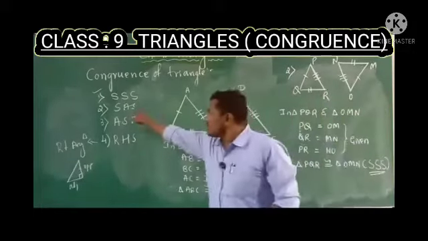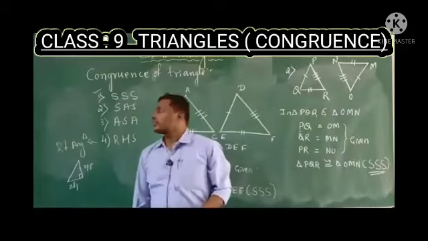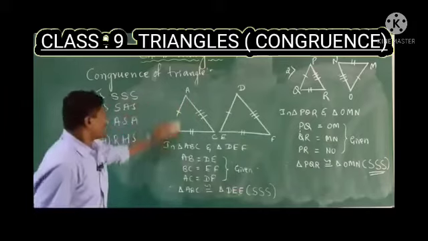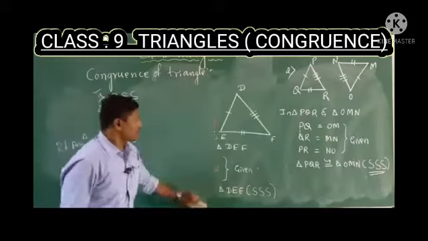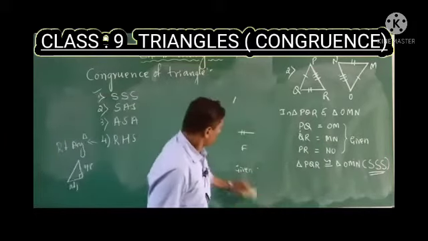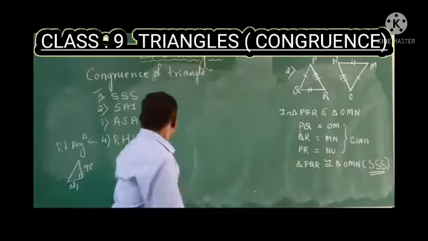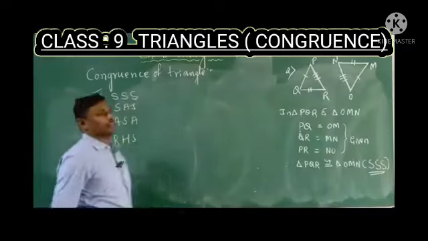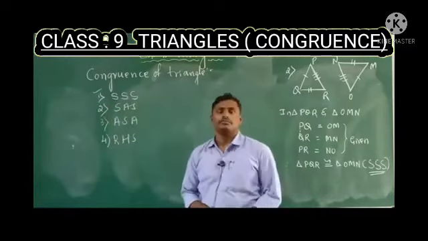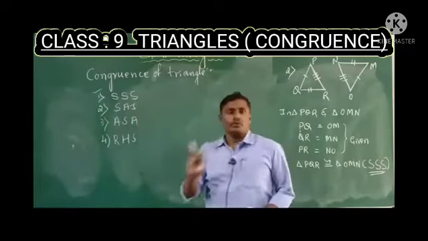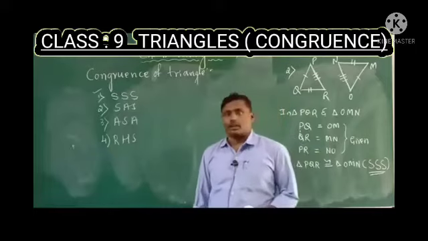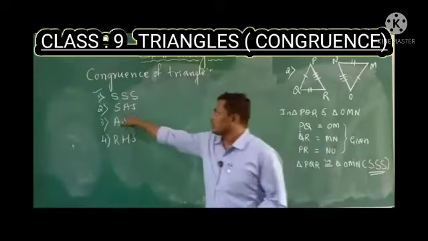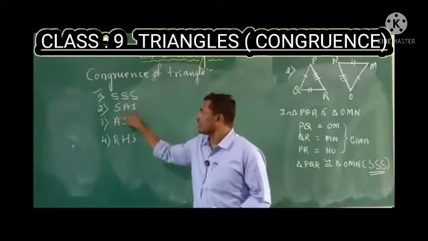Okay, let's come to the second criteria, that is SAS. SAS means side, angle, and side. So how can you define the SAS criteria? If two triangles are said to be congruent, in that the two sides, here two sides are there, no? Just observe the criteria.